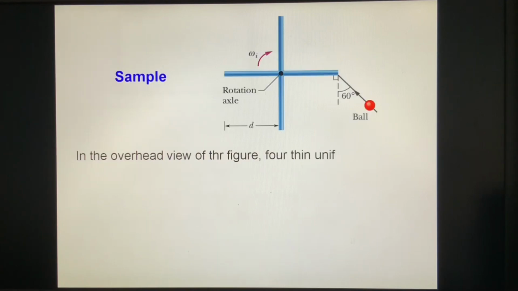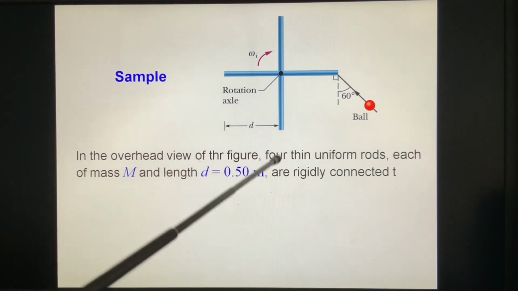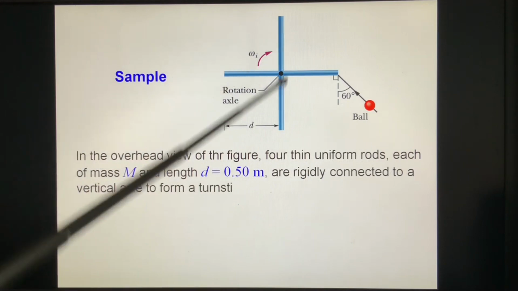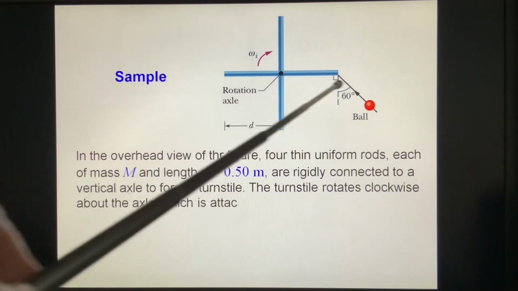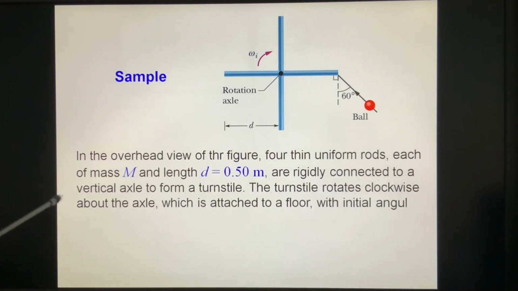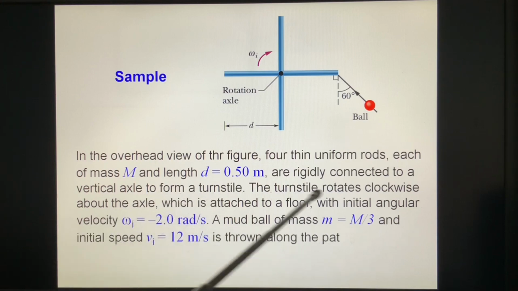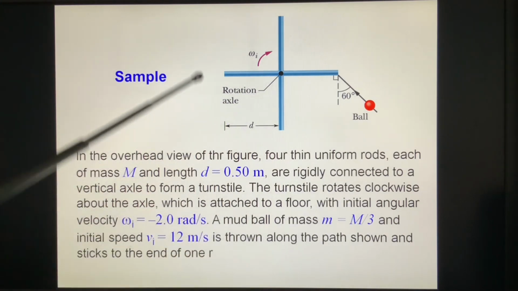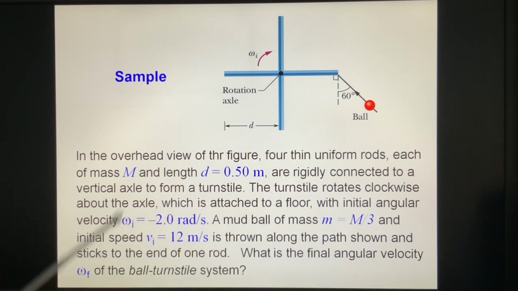Sample problem. In the overhead view of the figure, four thin uniform rods, this is 1, 2, 3, 4, each of mass M and length d equal to 0.5 meter, are rigidly connected to a vertical axis, to form a turnstile. The turnstile rotates clockwise, that's negative, about the axis, which is attached to a floor, with initial angular velocity omega_i equal to minus 2.0 radians per second.